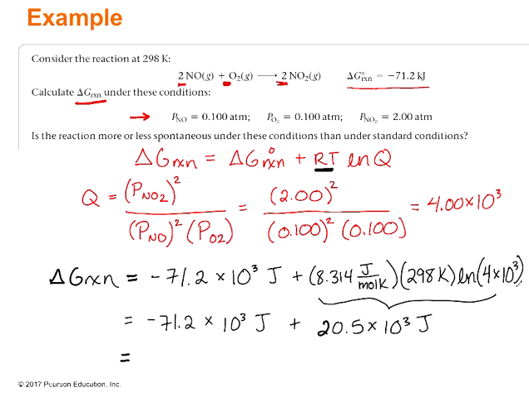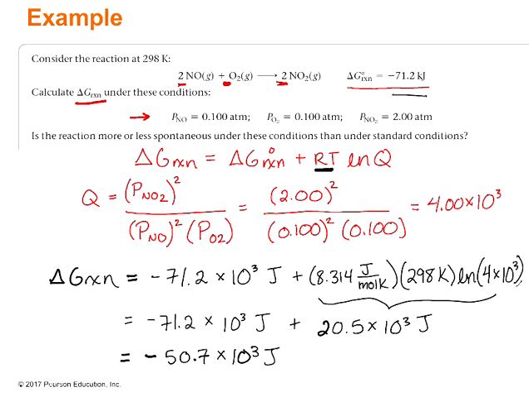All right, so when we add those two values together, we end up with negative 50.7 times 10 to the third joules.